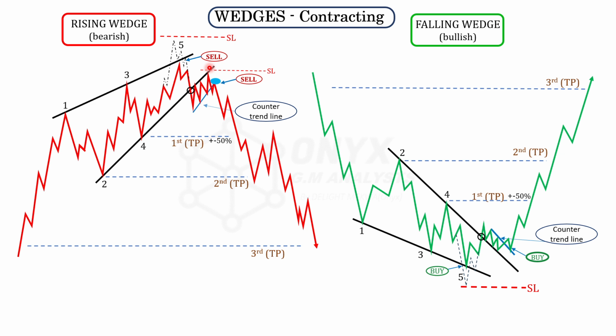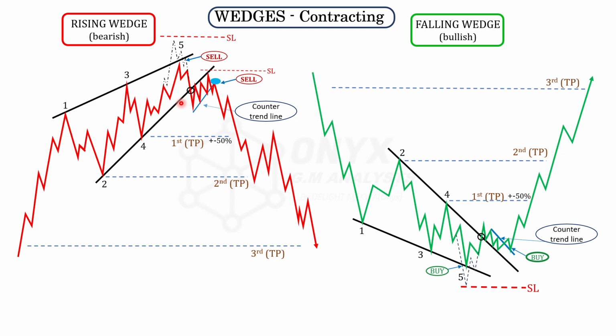And that's why we call this a contracting wedge. This is a wedge, a rising wedge, as stated here. It's a rising wedge. So rising wedges are contracting. So which means that in this case, we have something that looks almost like a triangle.